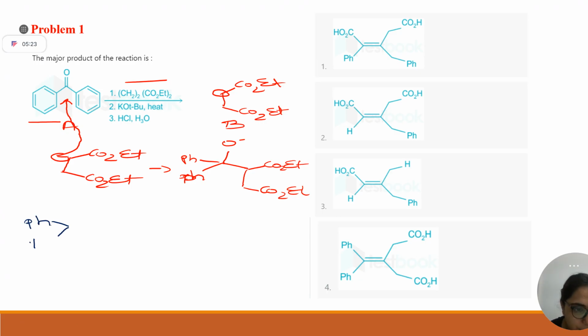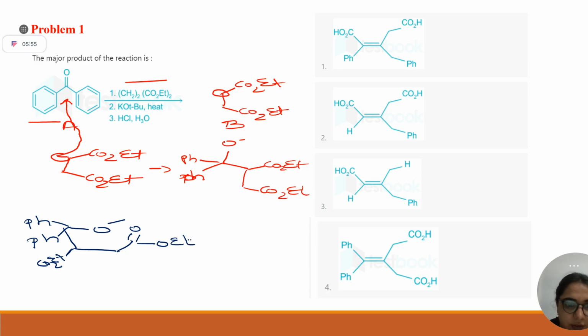Okay, one possibility is that O minus can take a proton, but here, students, this is your O negative, and this is your ester, and I write CO2Et like this.